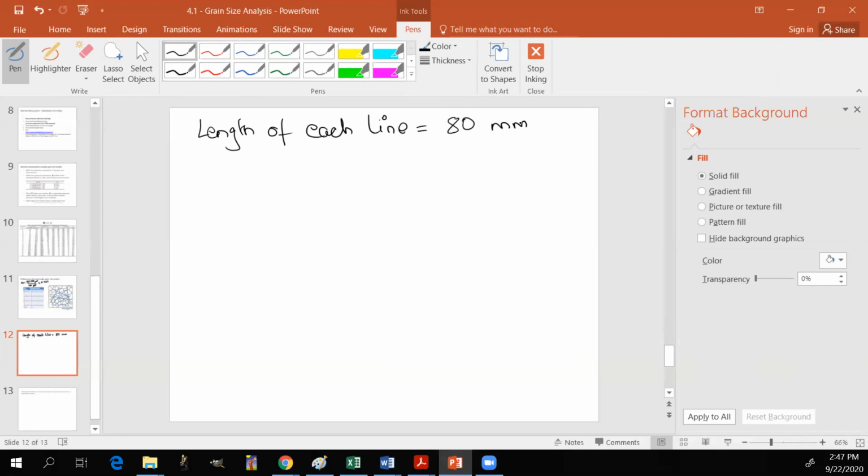So the total line length of all 7 lines is the number of lines times the length of each. This is called L subscript T. So 7 times 80. 7 times 80 is 560, right?